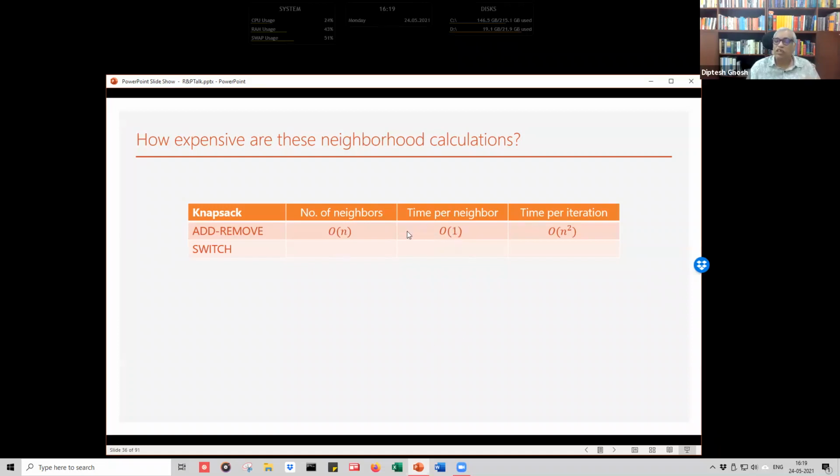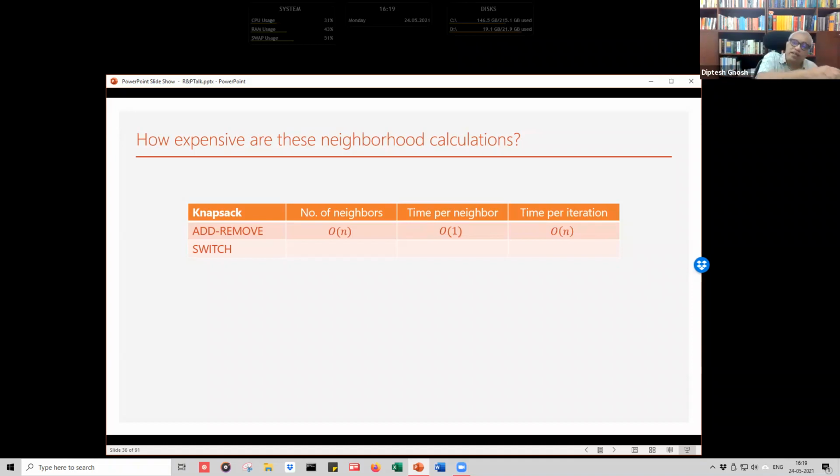So if it's a constant time process, you would find that time per iteration reduces from order n squared to order n. How does it help? If you're talking about an order n squared to order n reduction, let us suppose that I had a knapsack which had, let's say, 1,000 elements.